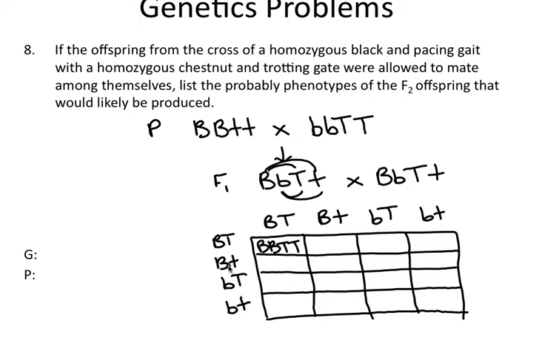If this allele combination joins with this one here, and you continue to fill this Punnett square in from there. And I'll go ahead and do that real quick.